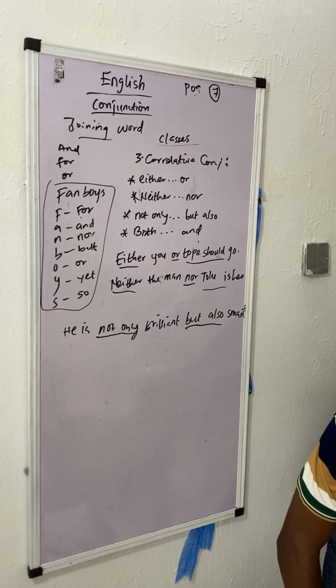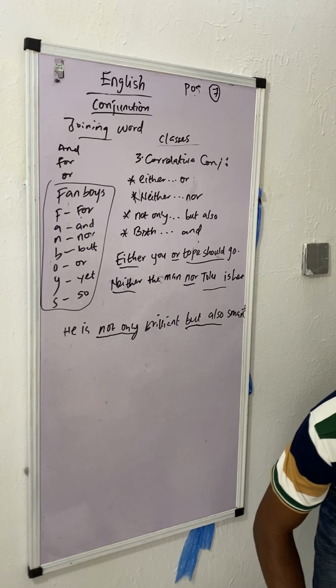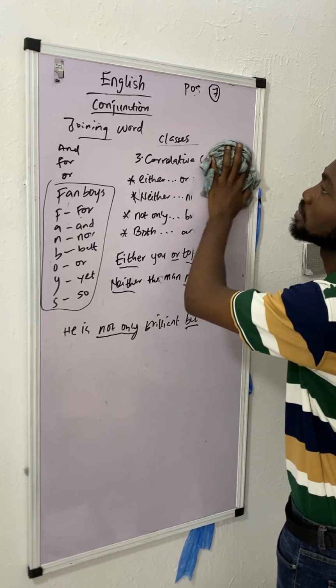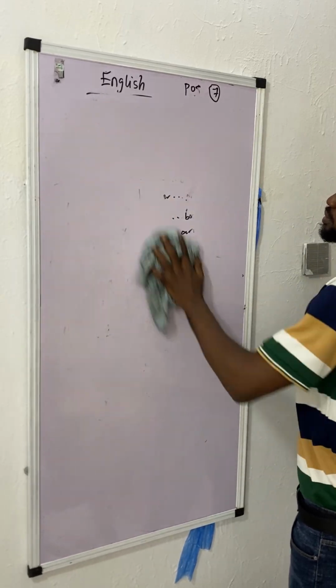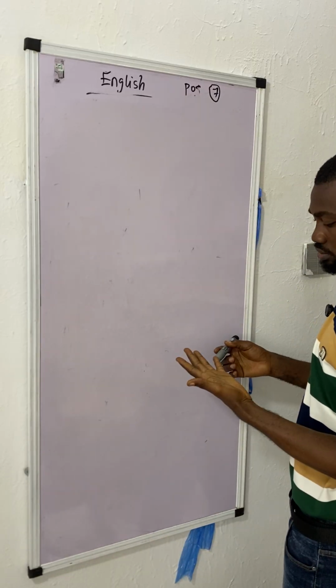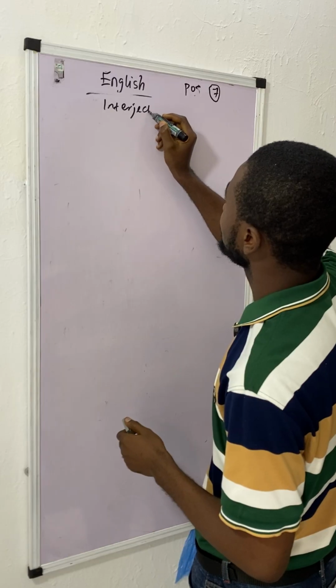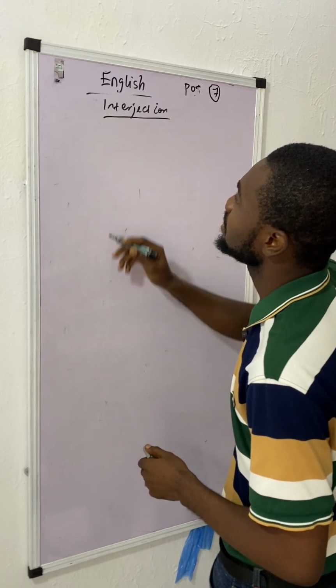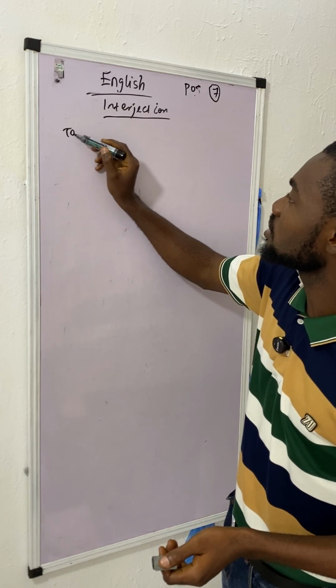Now let's quickly move over to the next, which is interjection. Interjections are words that are used to express emotions and feelings.